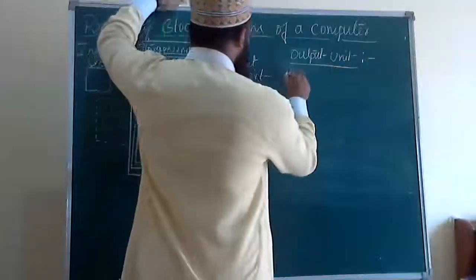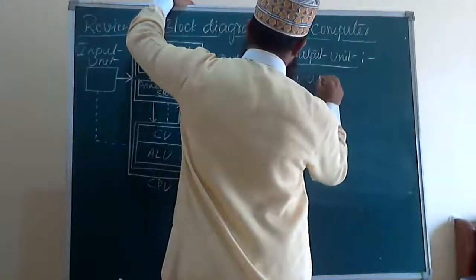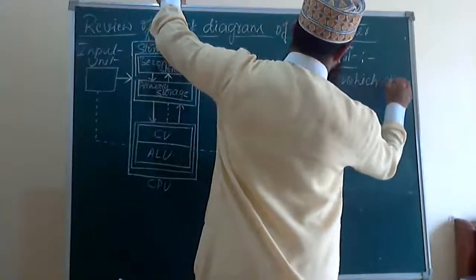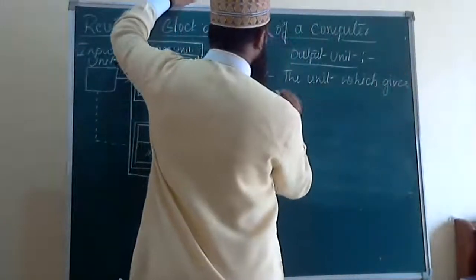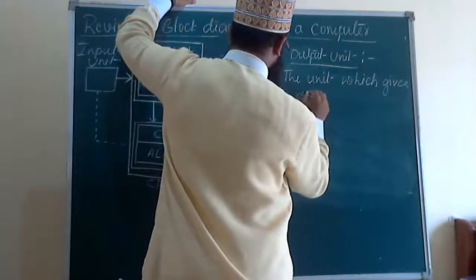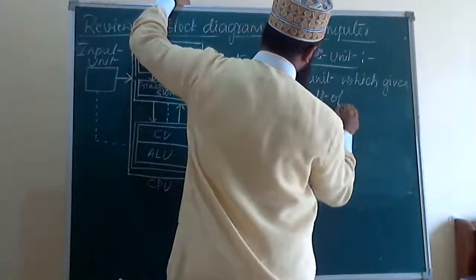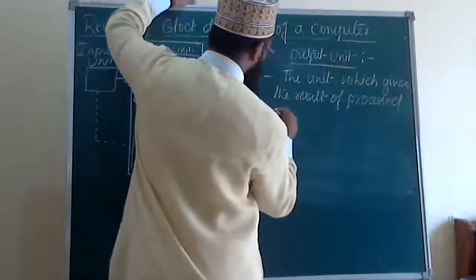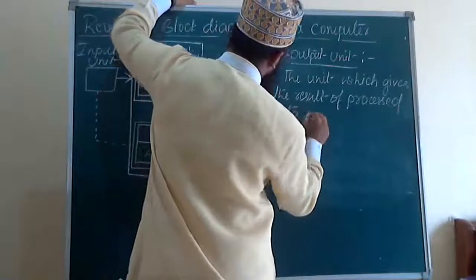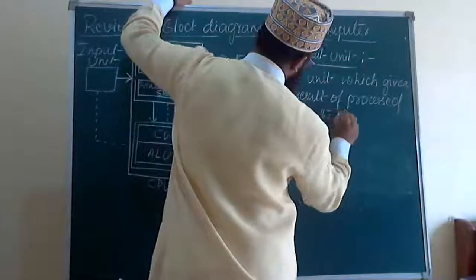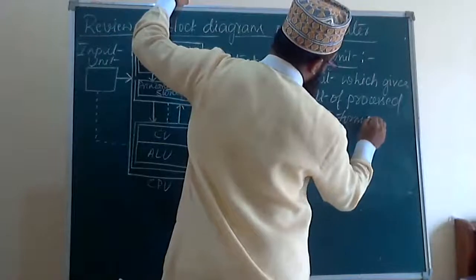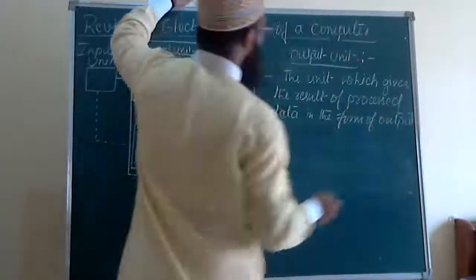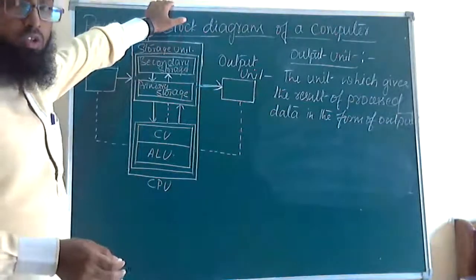Here, the unit which gives the result of processed data in the form of output is called the output unit.